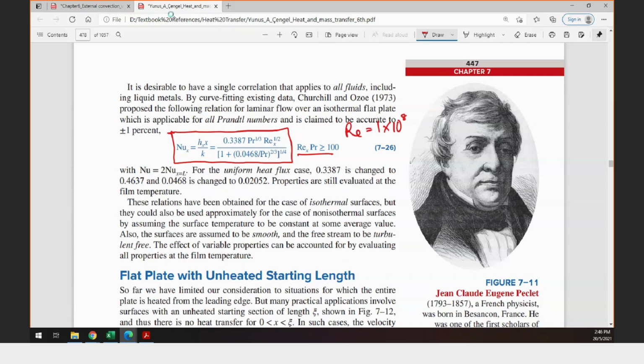So the Reynolds number times the Prandtl number should be greater than 100. So I believe this equation is used for the larger Reynolds number. Even though I rarely use this kind of equation, because it's really difficult to find a Reynolds number greater than 1 times 10 to the power of 7 in any kind of problems.